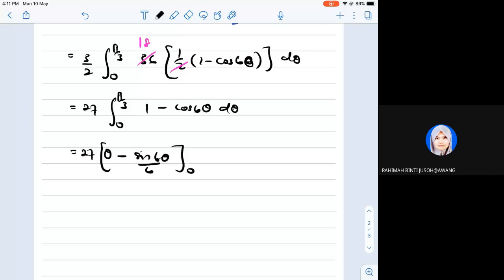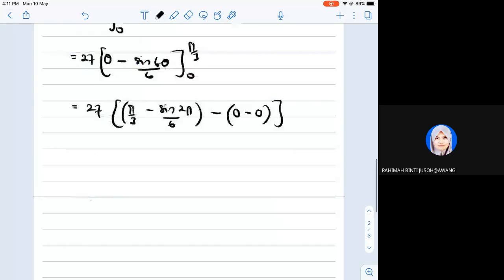So substitute 0 and pi over 3. So we will have 27 multiply with pi over 3 minus sine 6 times pi over 3, sine 2 pi, isn't it? 6 divided by 3, so 2. Like that. Over 6 minus substitute 0, minus sine 0, also 0. Okay.